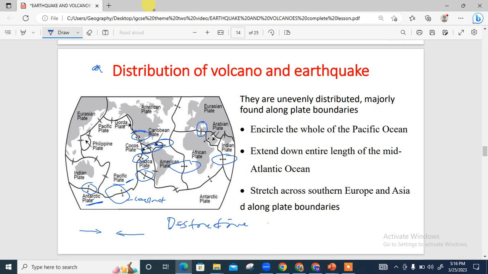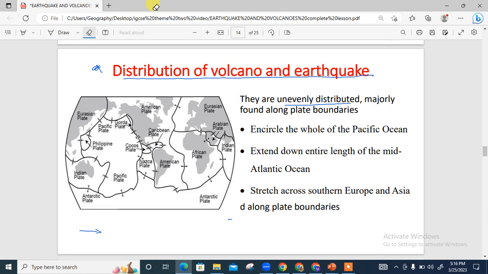Then next is looking at the distribution of volcanoes and earthquakes. We are told that they are unevenly distributed. What this means is it is not spread equally around the Earth's surface. There are places you have them, and there are lots of places you don't, and there are places with high concentration and places you do not have them at all. Now, it comes out as a 4-mark and sometimes a 3-mark question in IGCSE.